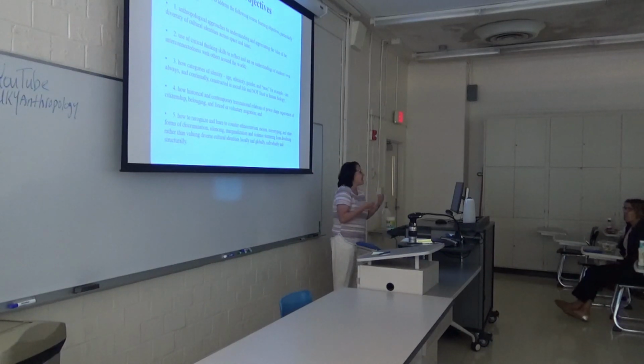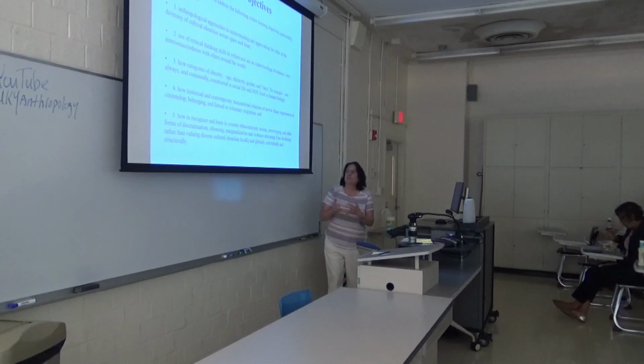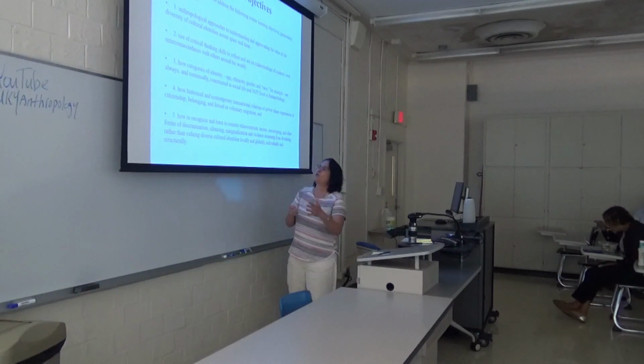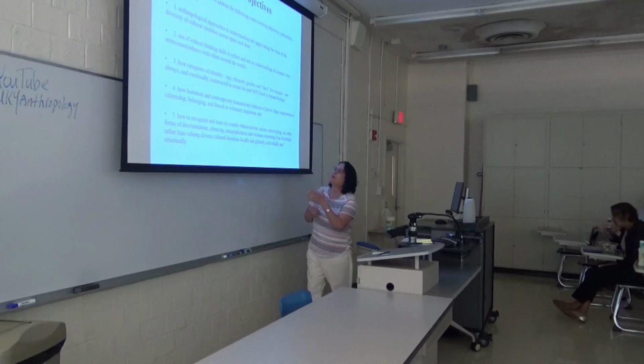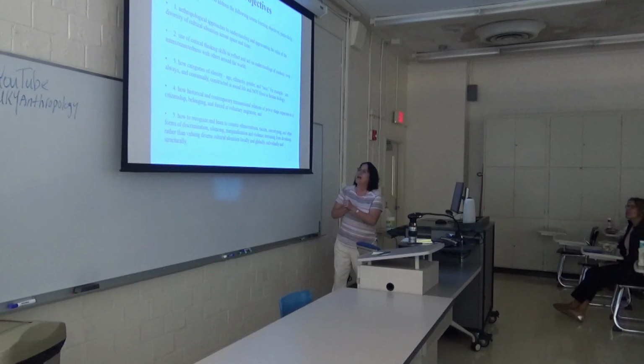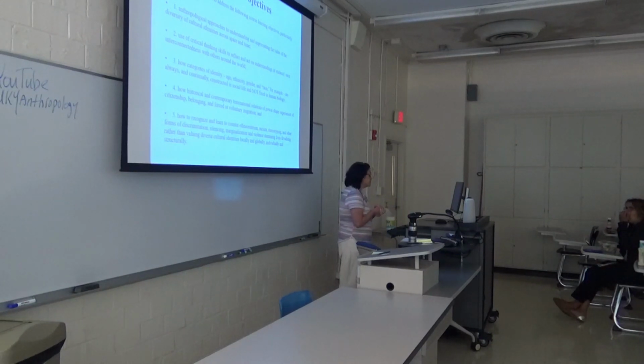So for this assignment, I wanted to do something that would help the students learn more about different types of identities and personhoods. So we focused on number 3, how categories of identity, age, ethnicity, gender, and race, for example, are always and continually constructed in social life and not fixed in human biology.